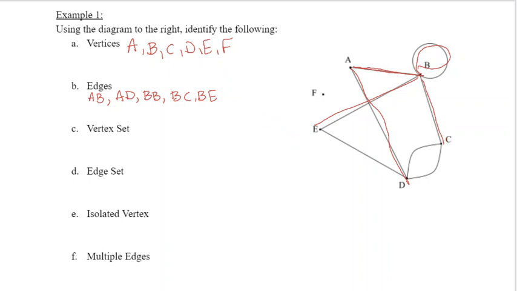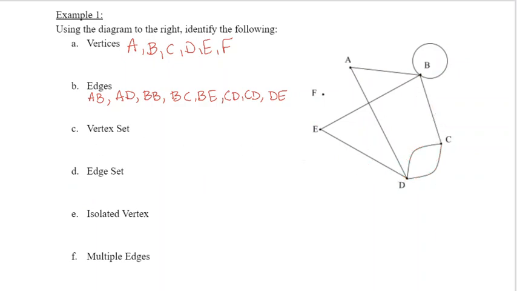Then I have two edges that connect C and D. And lastly, I have edge DE. Okay, those are all of my edges. I'm going to erase these scribbles so we can see our graph a little bit better.